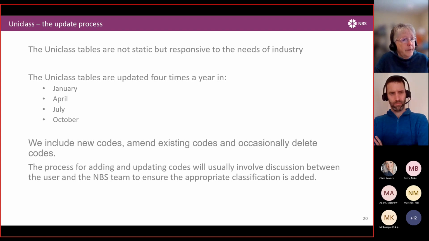When you ask for new codes, we need to be sure that 1, we put them in the right place, 2, that we're not duplicating something that's already there, and 3, that it is appropriate. So it does involve a huge amount of discussion and clarification to make sure that what we're adding is appropriate.